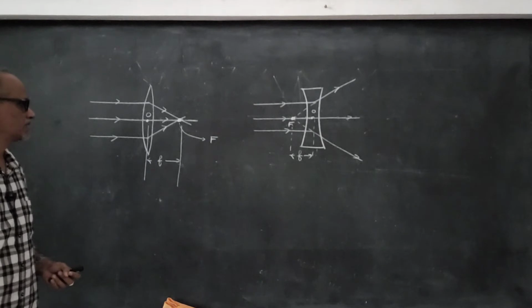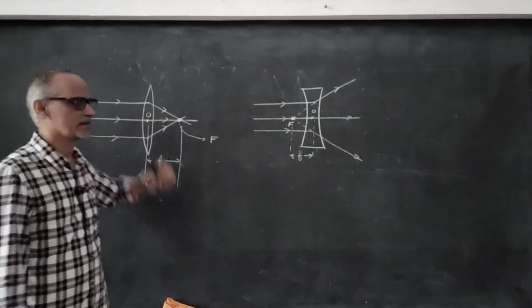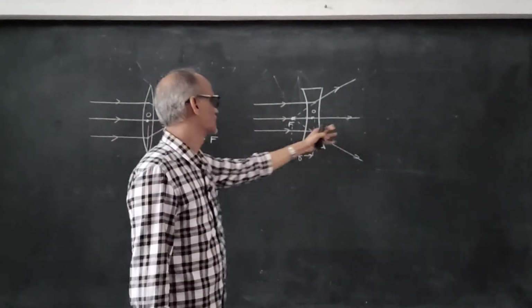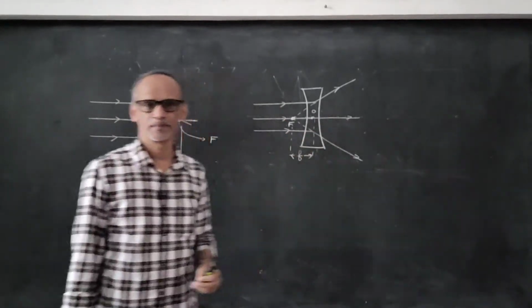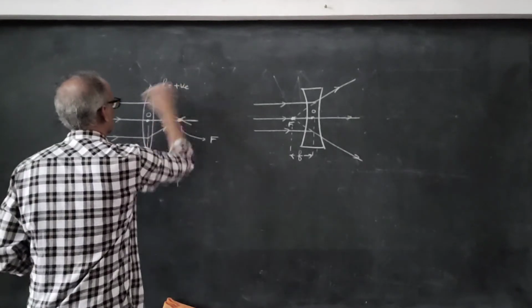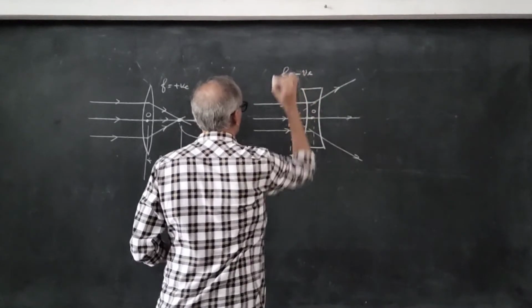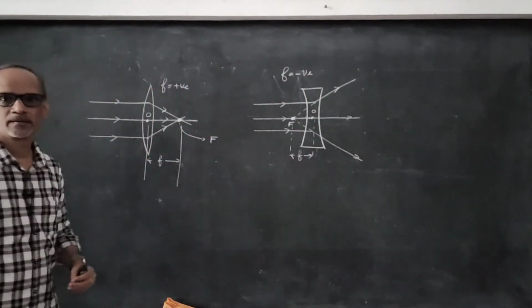And according to the sign convention, here the principal focus is in the direction of the incident ray. Here the principal focus is opposite to the direction of the incident ray. So the focal length of a convex lens is always taken as positive, whereas the focal length of a concave lens is taken as negative.